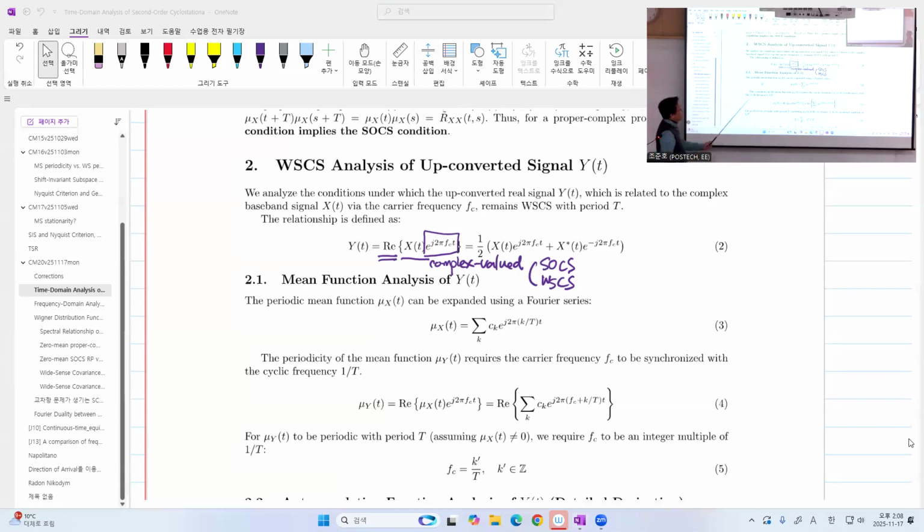But they have a very special relation, because the real part of something is what? One half times itself plus its conjugate. And now we assume this signal is, just a second. Yeah, something is still wrong. Just a second.